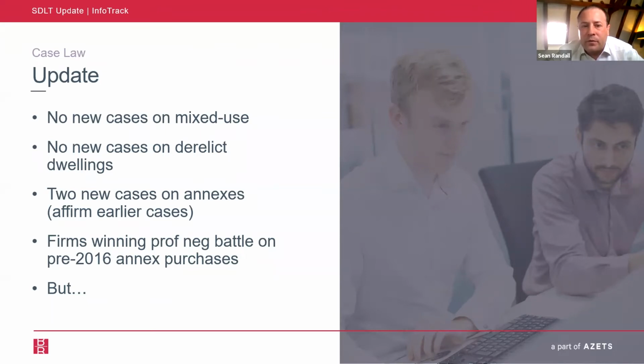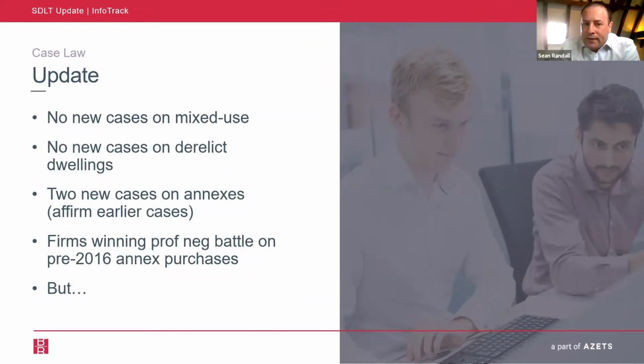Those are the words, suitable for use. And really, you need to meet a very high threshold in terms of a building that was used as a dwelling, possibly will continue to be used as a dwelling, or at least after refurbishment, before that type of building is taxed at the non-residential rates.